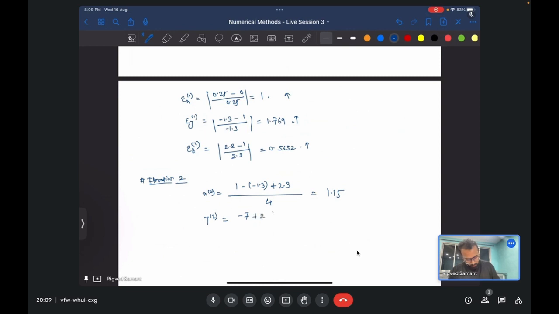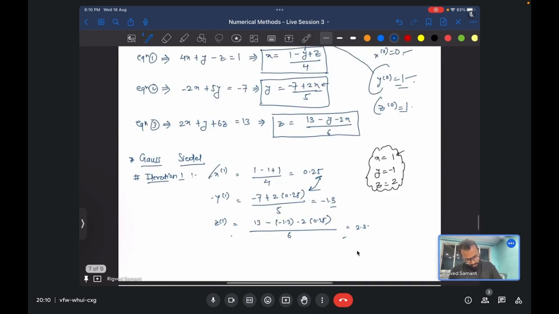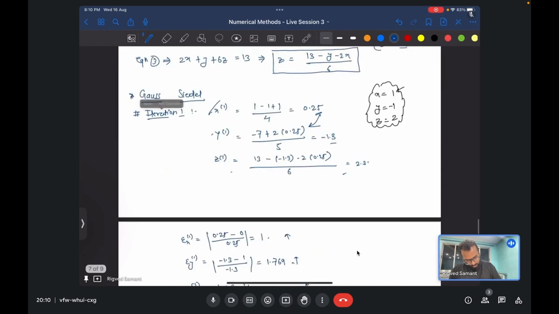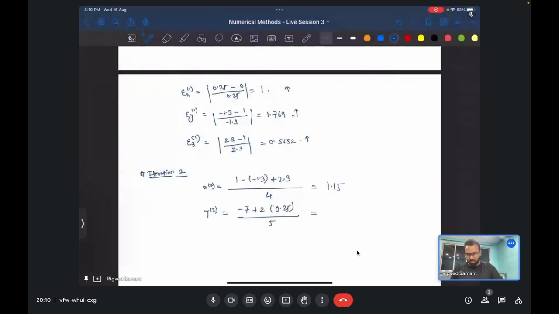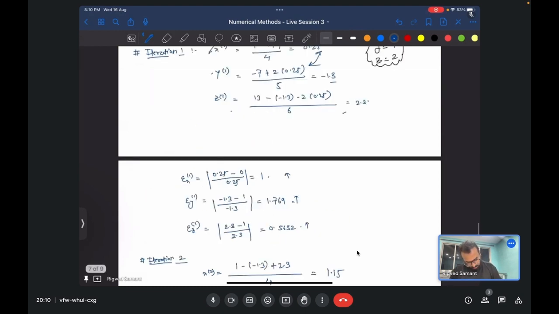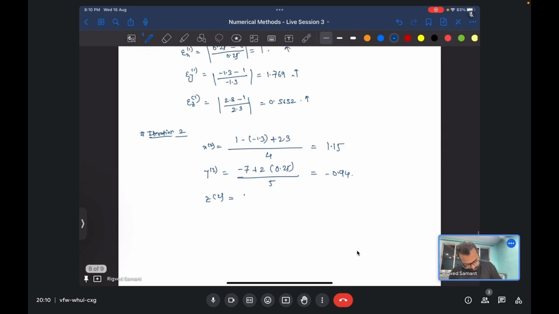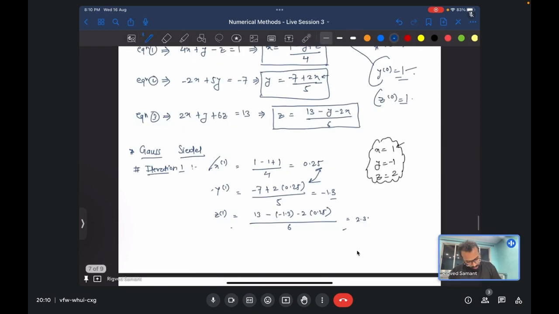Okay. So y2 is minus 7 plus 2 into minus 2 into x. Now you have x1, which is 0.25. So you will get 0.25 divided by 5. That is minus 0.94. Z2 would be 13 minus y minus 2x.